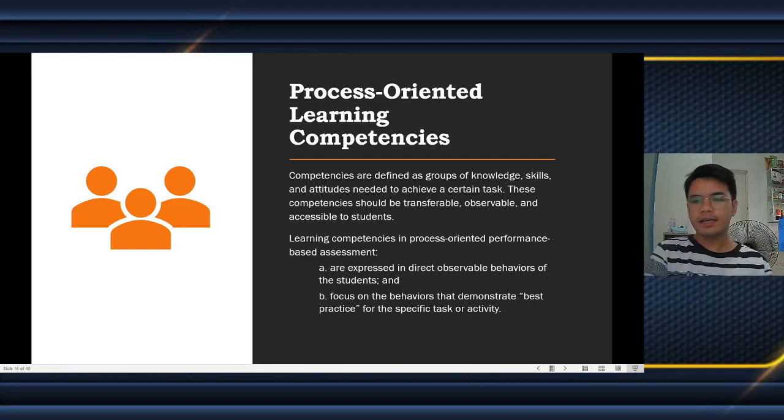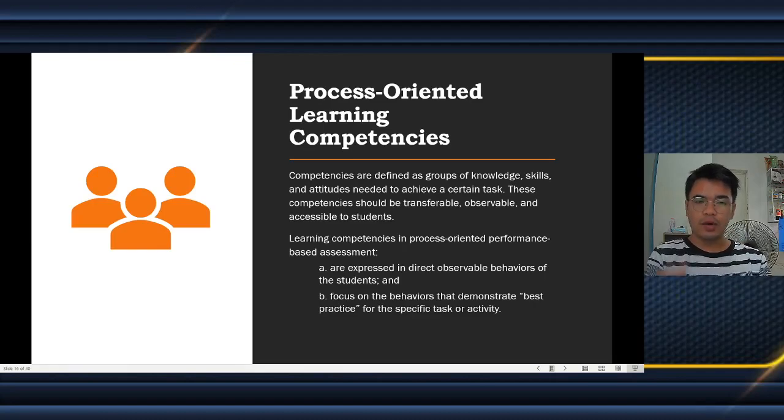Okay. The second thing that we have to remember when we are making our competencies is that they should focus on the behaviors that demonstrate best practice for the specific task or activity. Okay. In other words, this would make your objective specific. Okay, because you are detailing to your students what kind of output or what kind of process they are expected to observe.